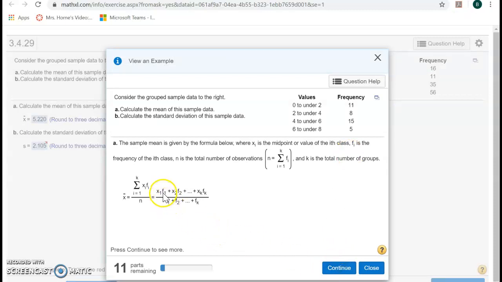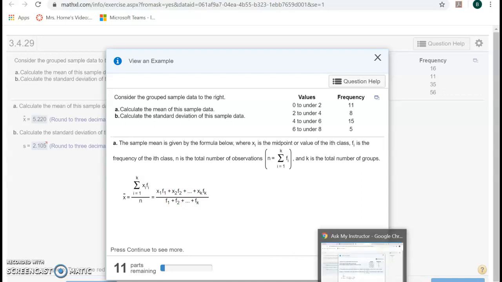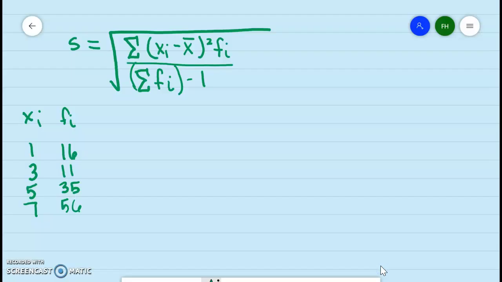So basically the formula for the mean is you take your value of xi and your value of fi and you multiply. So that's going to be our first step, is to do our x times our f. So the first one would be x1 times f1, or 1 times 16, which is 16.